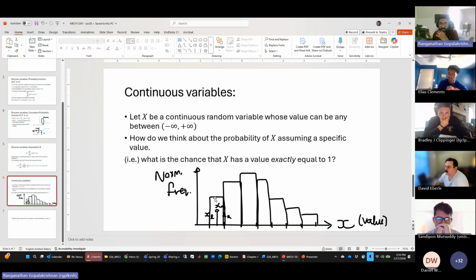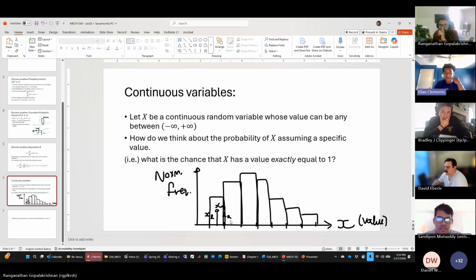That is, I just drew it for the first bin. X lower can be 0, X upper can be 20, like in the example we did. And if I ask you the question, what is the chance or odds that if you randomly choose a value from this data set, the value of X will fall between X lower and X upper? What will be your gut or quick answer for that?